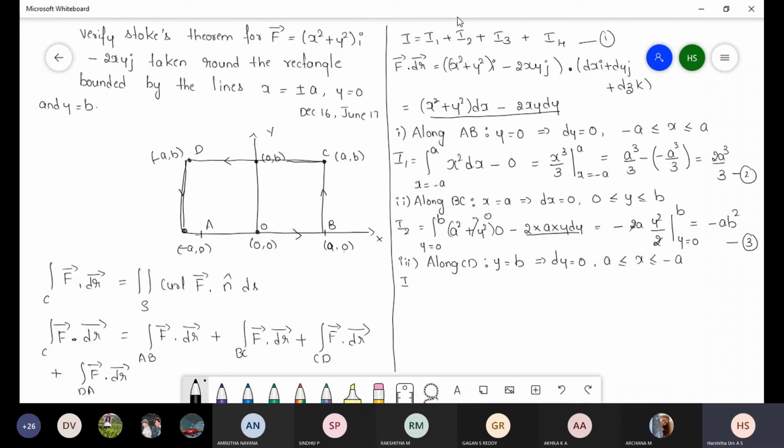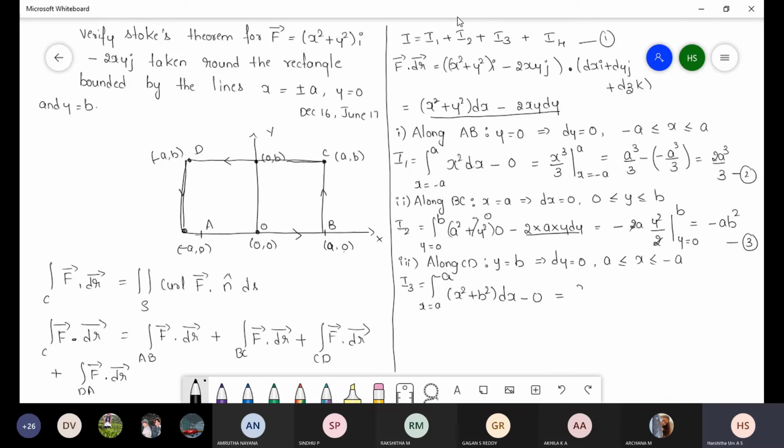So I3 is the integral from x equal to a to minus a. Wherever y is there we have to substitute b, so x square plus b square into dx. dy is 0, so the second term completely becomes 0.